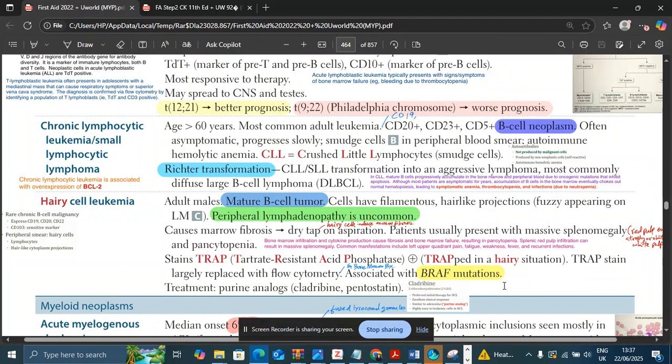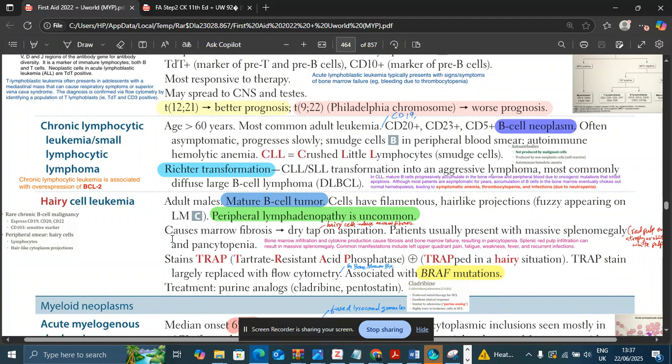Now, what are the features that we see in hairy cell leukemia? The leukemic cells infiltrate the bone marrow.